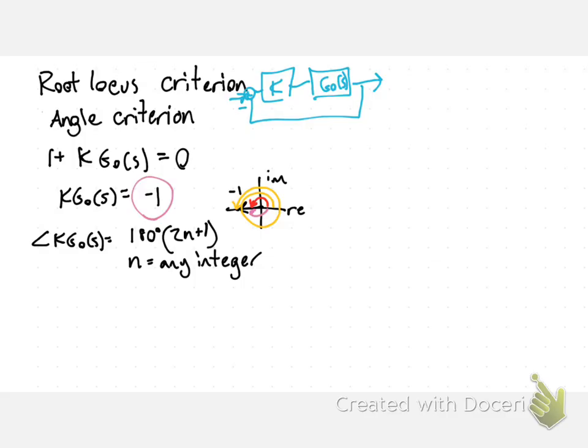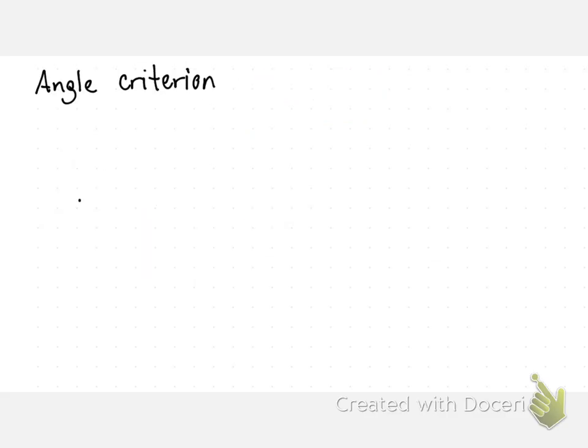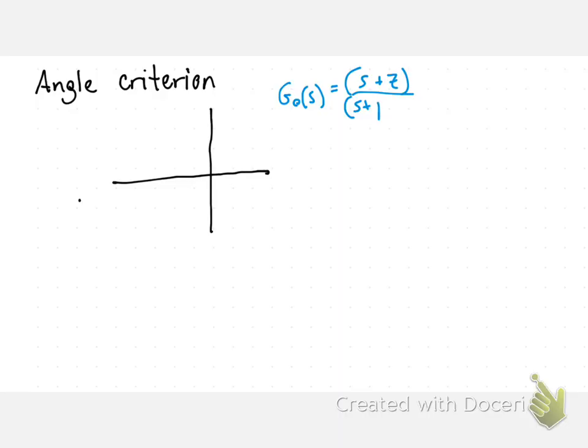So now let's go through and see what this looks like when we have a target location. Let's say that we have a couple of poles and zeros. We're going to start off with our open loop system, G O of S, having some zeros and 3 poles.